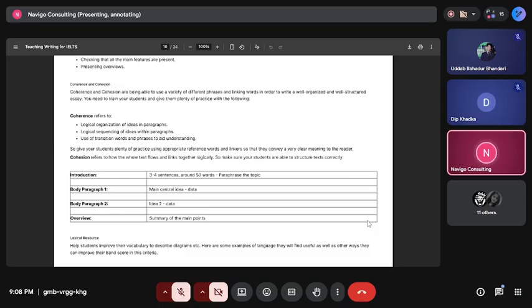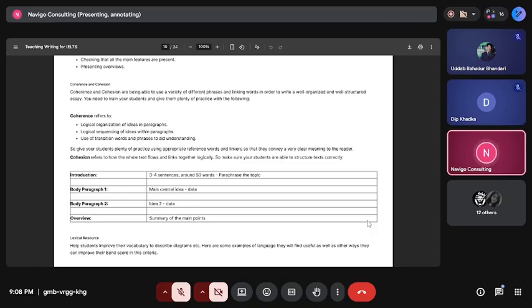And to achieve the coherence, we use the cohesive devices. So cohesive devices means transition words, linking words, connecting words. For example, if you are describing something similar, what do you do? You use furthermore, moreover, additionally, right? These are the transition words.